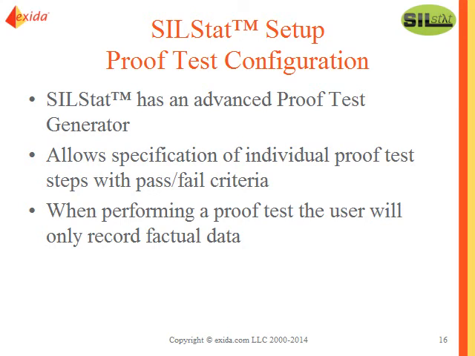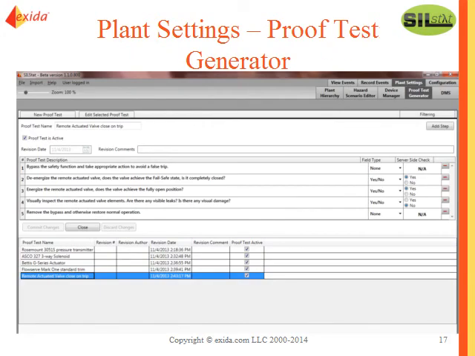When you perform the proof test, the user of the tool will record factual data. The user will record what he's actually measuring. He's not going to conclude if the proof test passed or failed. That is left to the system. So as an example, in this screenshot you'll see a couple of proof test steps, and each of those steps has a pass-fail criteria type and the actual pass-fail criteria.